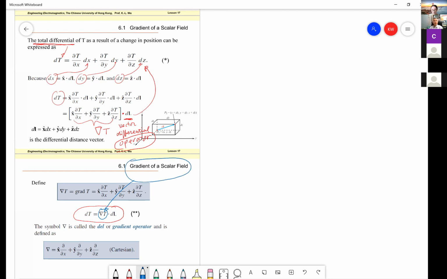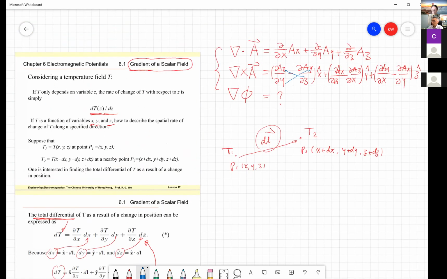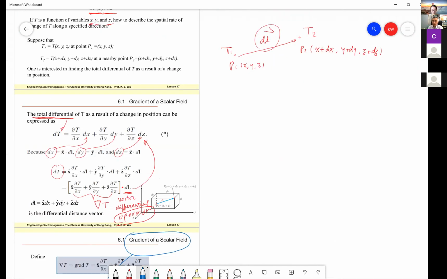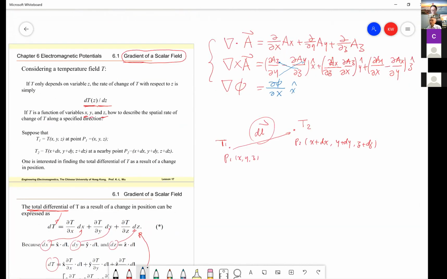This is called the gradient of a scalar field T. Now let's fill up this empty delta. The gradient of phi, or delta phi, means I take the partial derivative of phi with respect to x, but I have a direction, because each of these will have a direction. This is the x component.